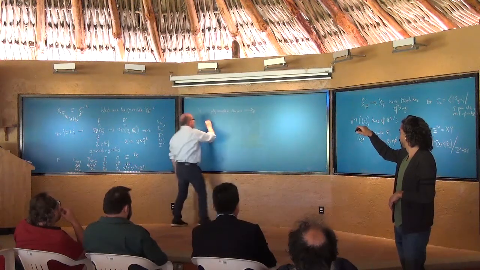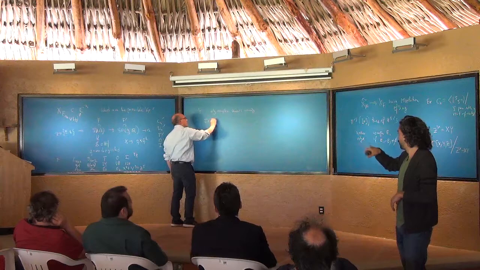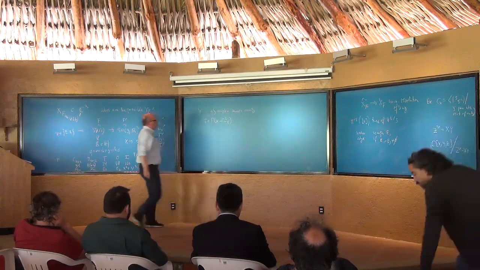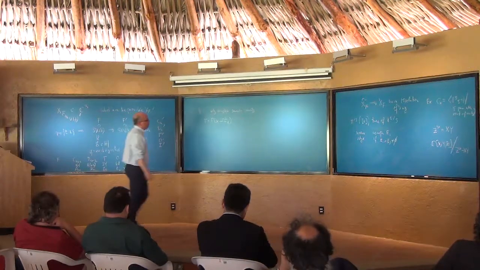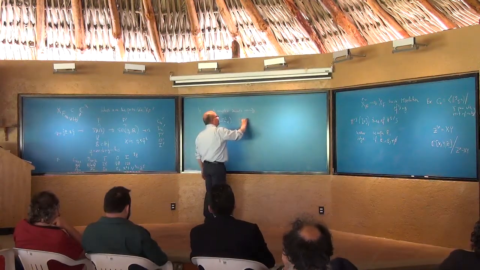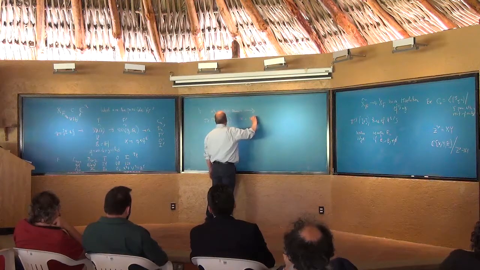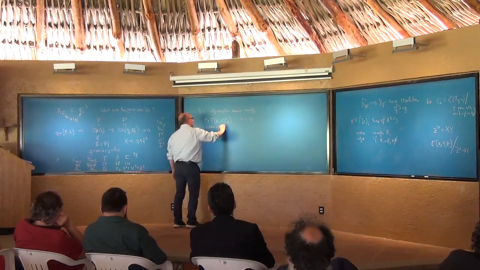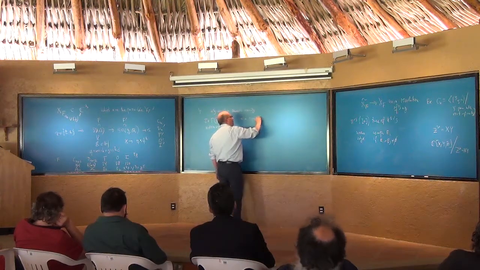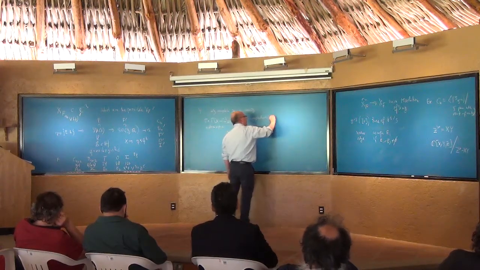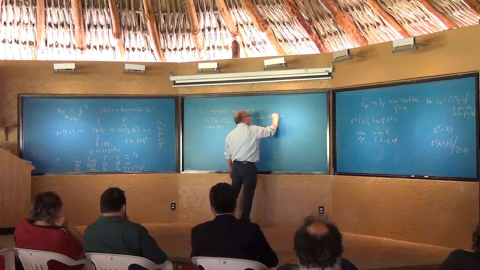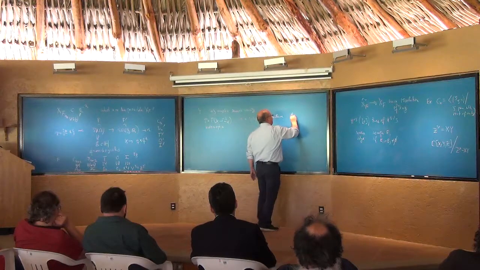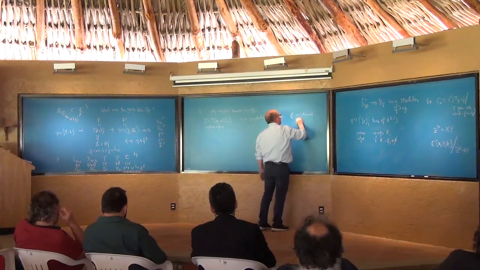A holomorphic 2-form, which is just a section of the sheaf of holomorphic 2-forms, is for me a symplectic structure if it is closed and non-degenerate.